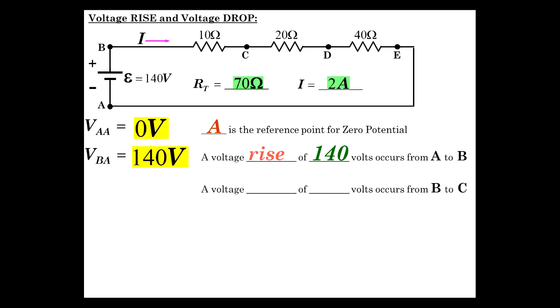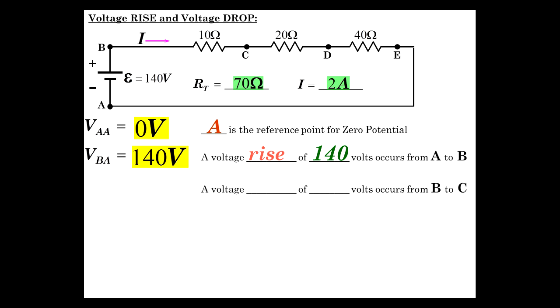Now, if we think of B to C, what's happening? We already know, or hopefully do, you can figure it out if you think about it, because I've showed you the equation already. The voltage across this is a drop. The energy of the charges is reduced as current passes through the resistor.